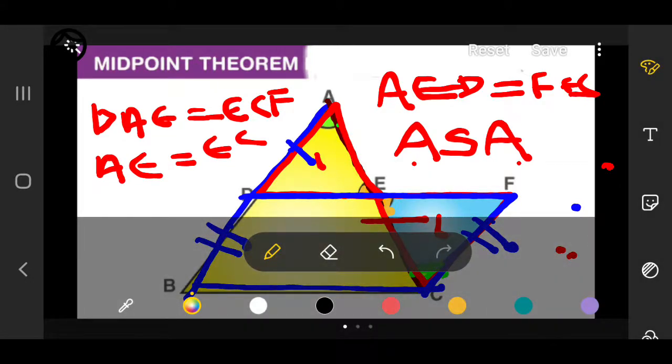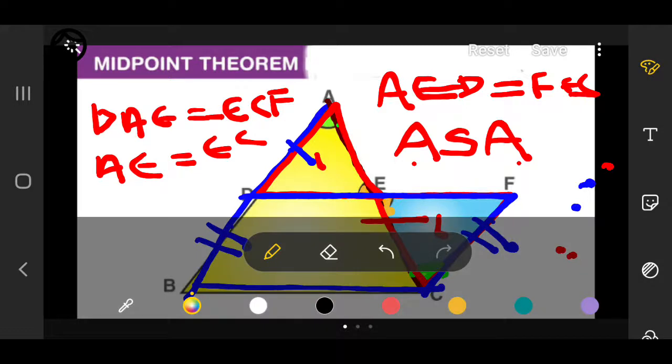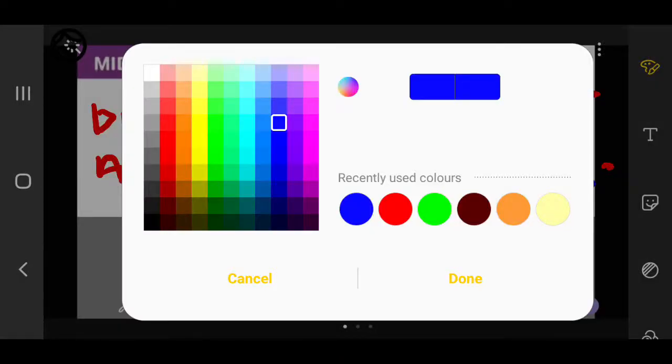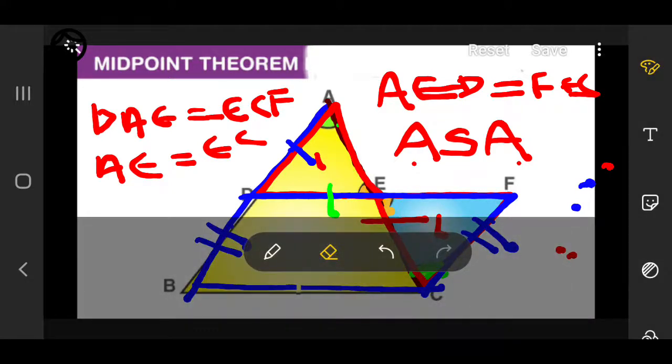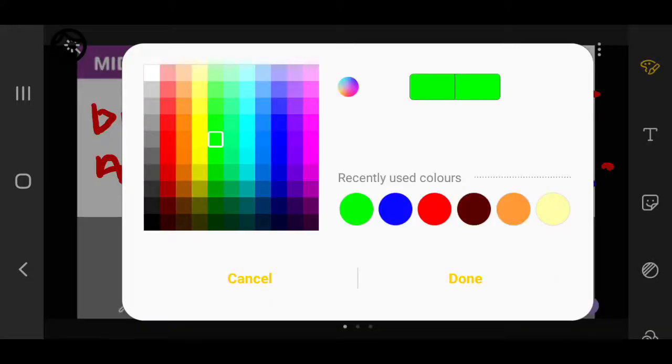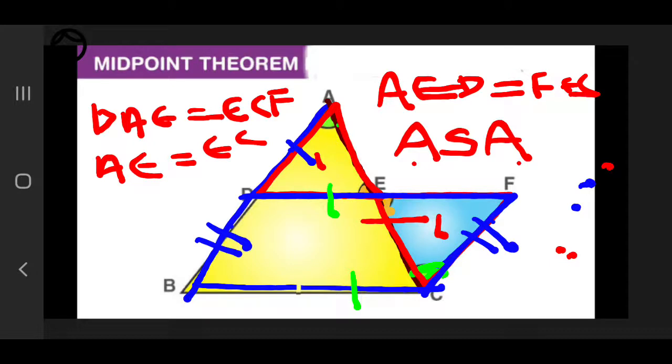So DF is parallel to BC, which means DE is also parallel to BC.